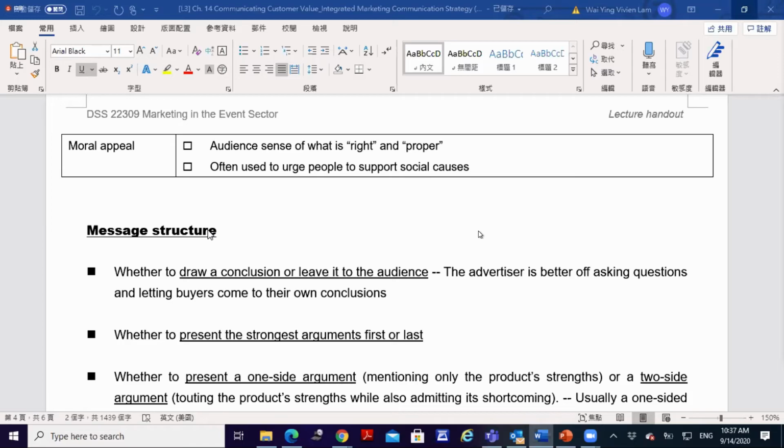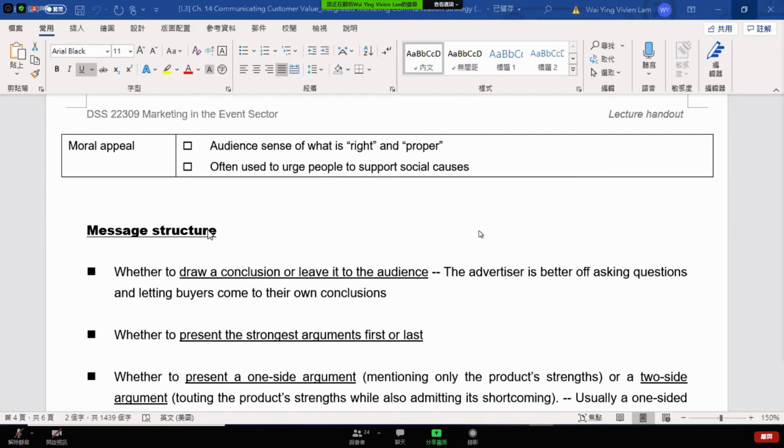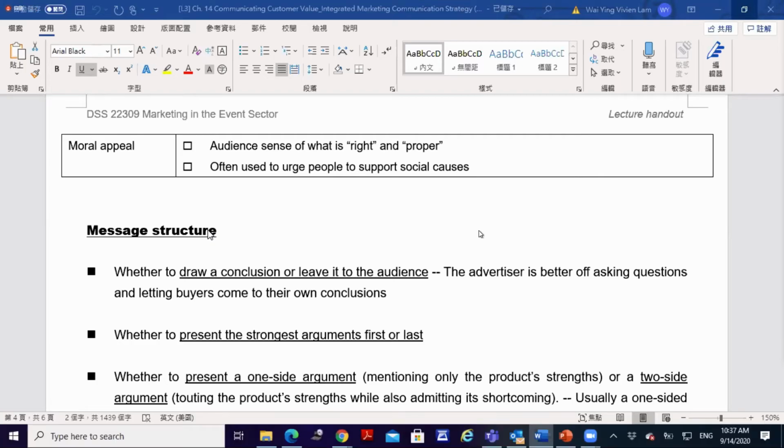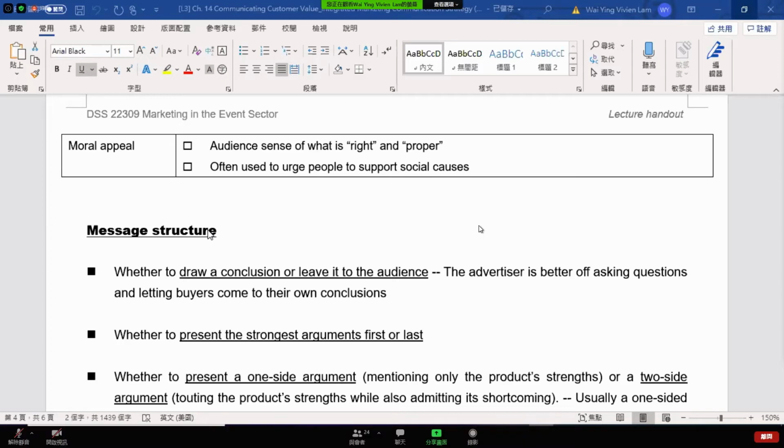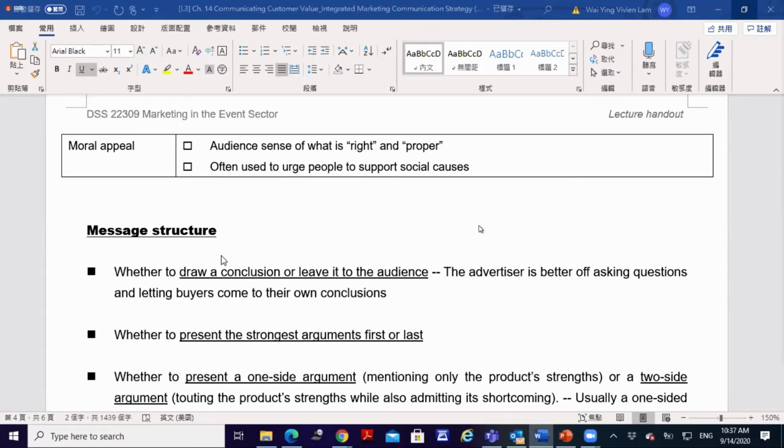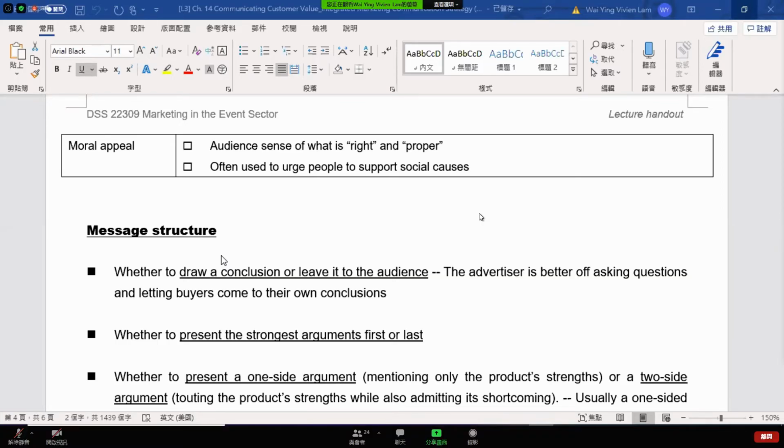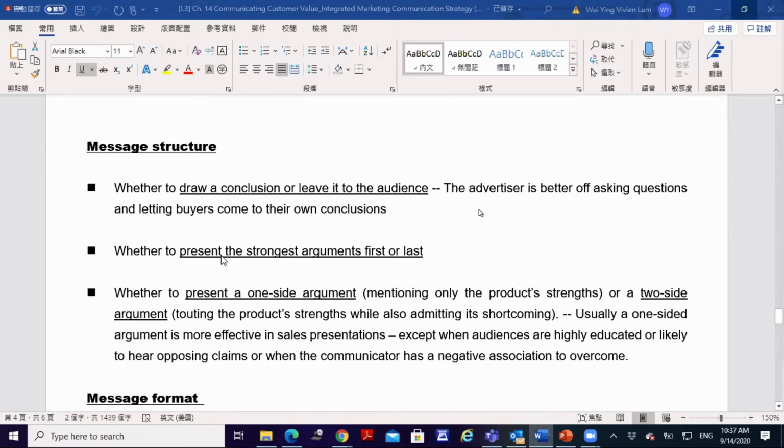Smart advertisers will not tell you the conclusion of the ad, and leave it to the audience. There are two ways: either I tell you the ending, happy ending or sad ending, or I leave it open, you can think about what kind of ending it is, okay?